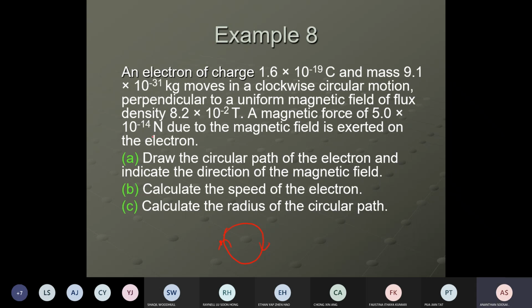A magnetic force of 5 times 10 to the power negative 14 Newton acts on the electron due to the magnetic field. First, draw the circular path of the electron and indicate the direction of the field.